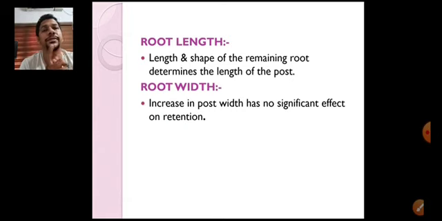But in the case of width, you are not supposed to increase the width too much in order to get a better prognosis, because when you increase the width, that means you are taking out so much of the root portion from the tooth. It will eventually weaken the tooth. So you are supposed to give a post of 1/3 the diameter of that particular root.